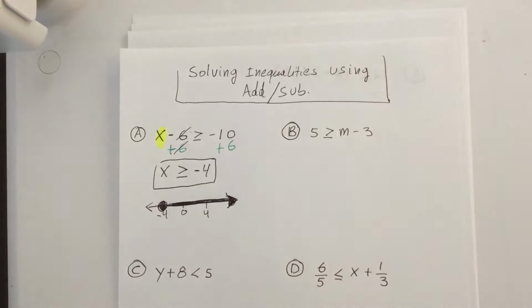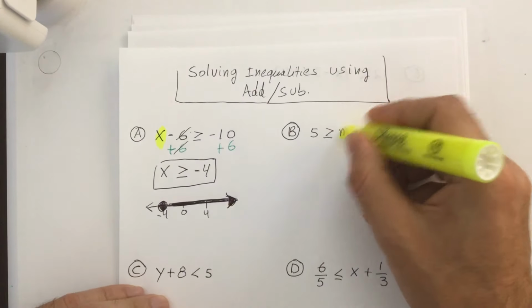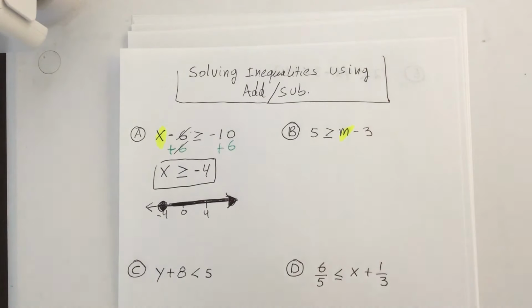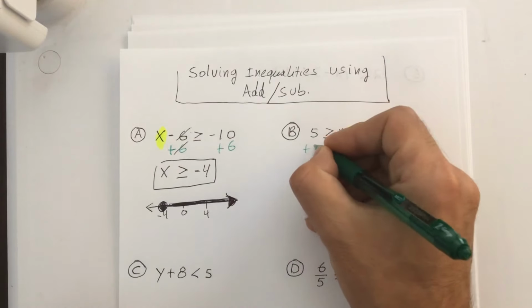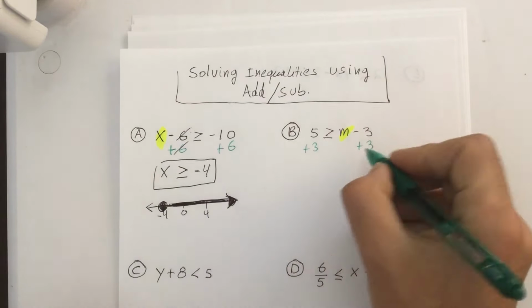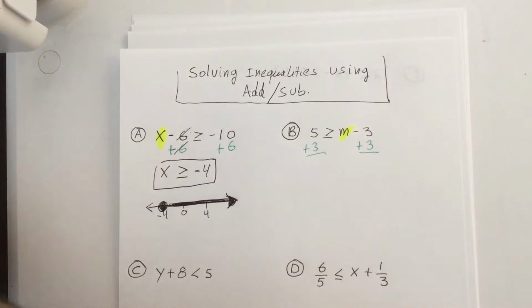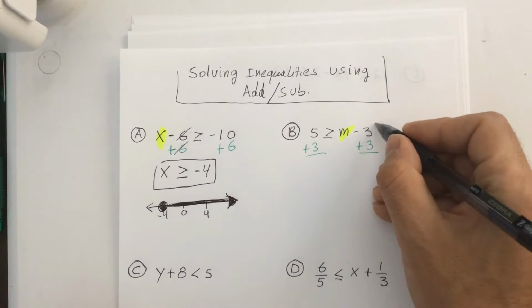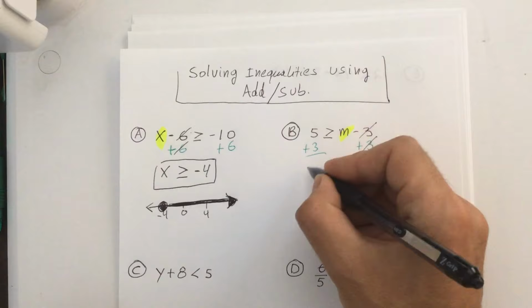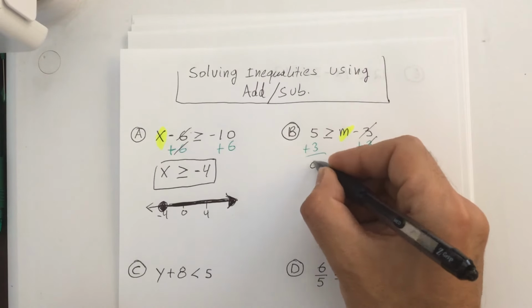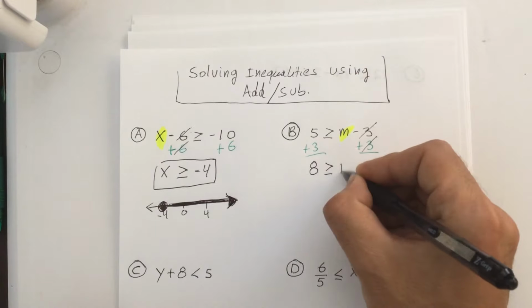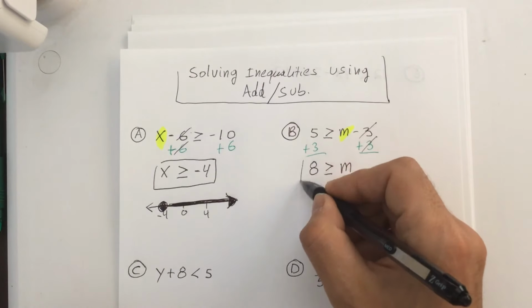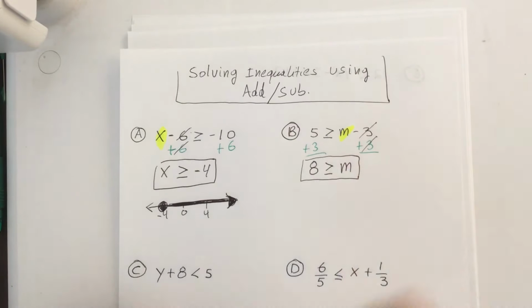I have to isolate the variable, which is m. In order to do that, I have to add 3 to both sides of the inequality. Negative 3 plus 3 cancels out, and what we got is 5 plus 3, that's 8, is greater than or equal to m. That is the answer.